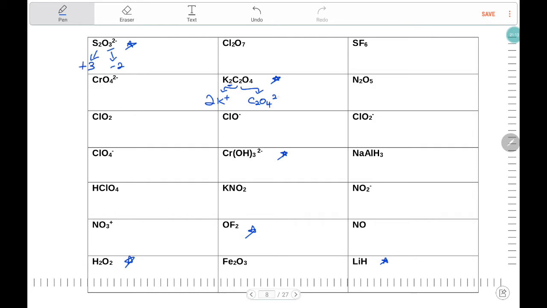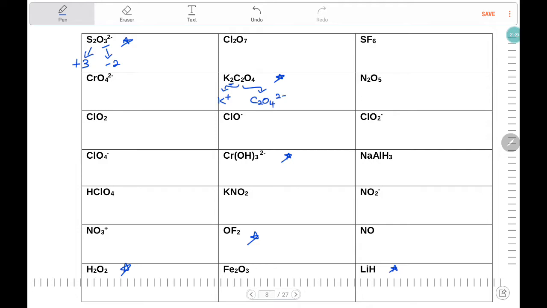So this has to be 2 minus. Okay, this number here is not really important because I'm not going to use it to determine my oxidation state. But I know there's 2 of it, so this will be 2 minus to balance off the charge. So K will be plus 1. O being more electronegative, minus 2. C would be plus 3.